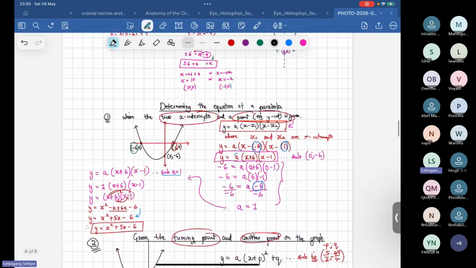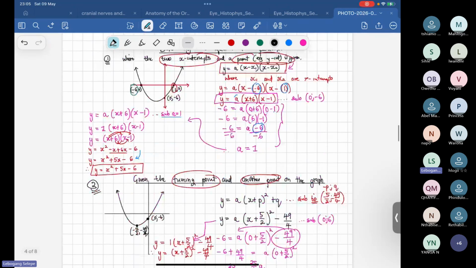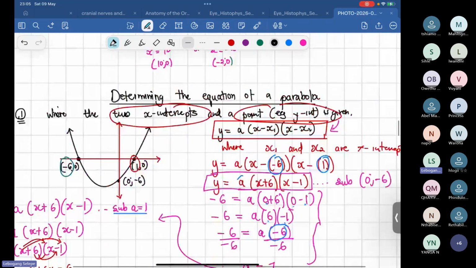So now you also need to understand that when I'm giving you the graph, can you determine the equation? We said usually there are 2 forms in which they would expect you to determine the equation.